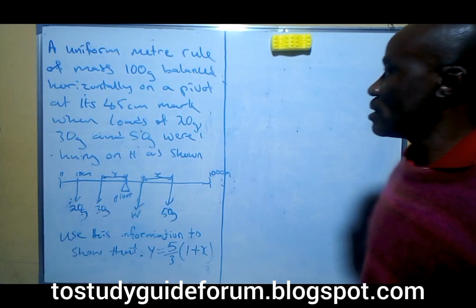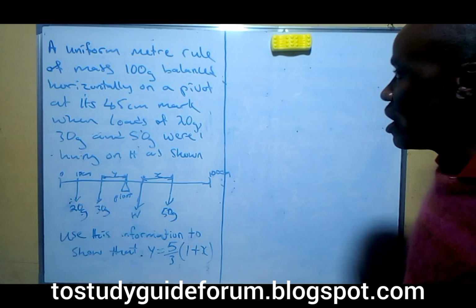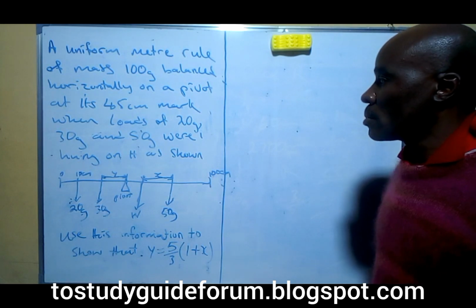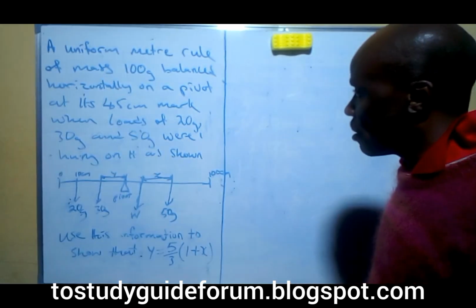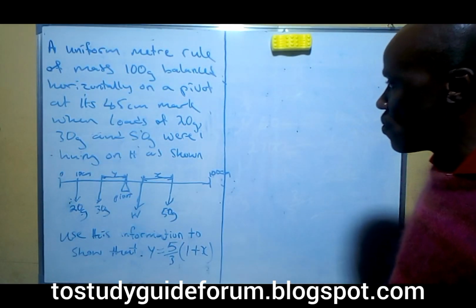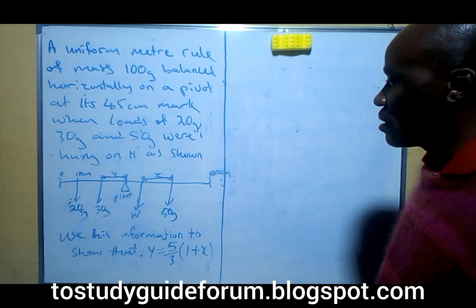We have a uniform meter rule of mass 100 grams balanced horizontally on a pivot at its 45 cm mark when loads of 20 grams, 30 grams, and 50 grams are hung on it as shown.